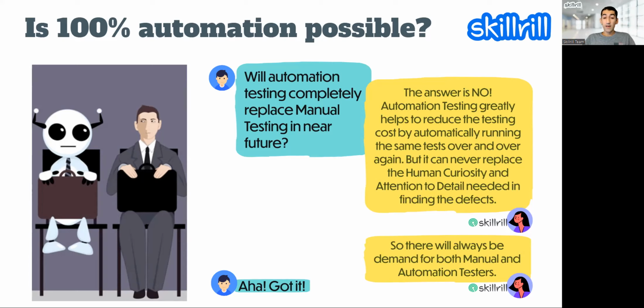And even if we were there, there's always going to be a need for manual testers, because it would be very difficult to replace the human curiosity and attention to detail, right? So manual testing is very important.